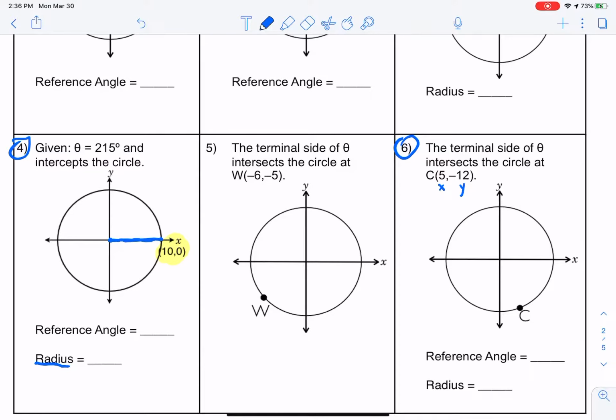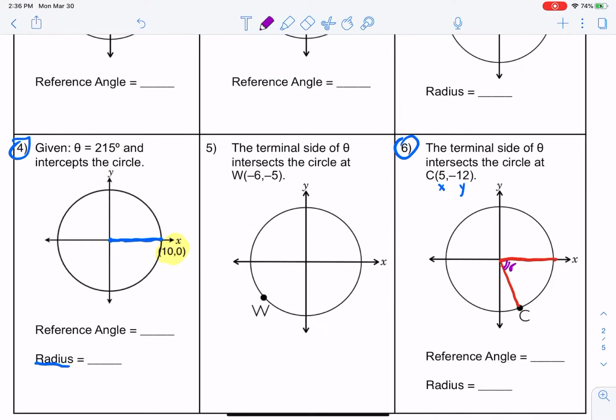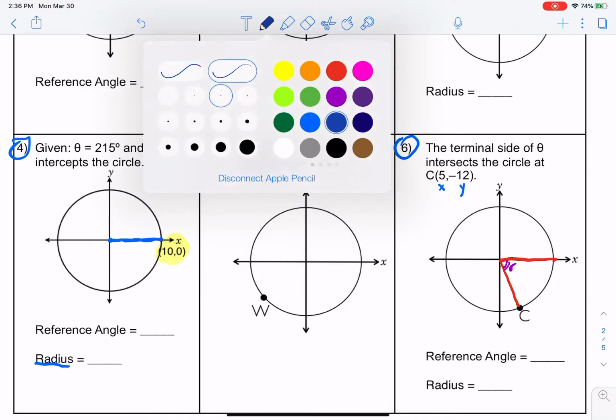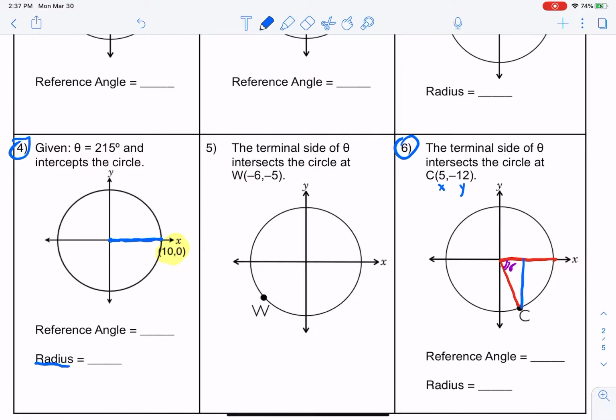When you sketch in your angle theta, and then you also sketch in your reference angle, r, and then from there you make your reference triangle, that gives us information that we can use to find the radius of that circle.